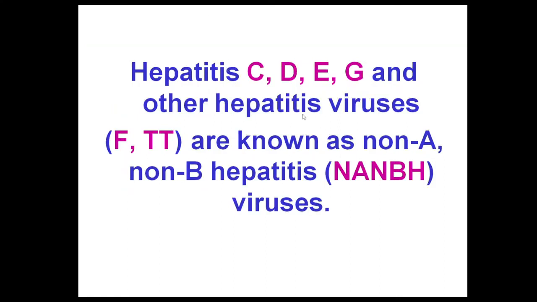Hepatitis A and B were the first hepatitis viruses to appear, and traditionally the rest of the hepatitis viruses, like C, D, E, G, are well known as non-A, non-B hepatitis viruses. So you can still find this abbreviation somewhere in the book.